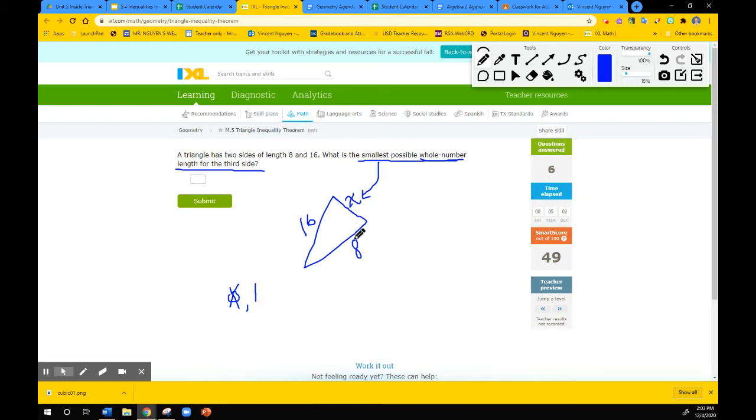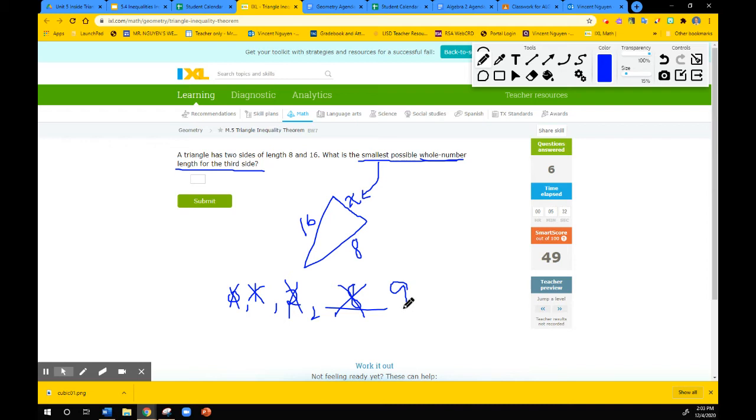Well, 1 and 8 is only 9, and 9 is not bigger than 16, so 1 would not work. 2 plus 8 is only 10, so 2 is not going to work. 3, 4, 5. What is the smallest whole number that will work? Well, let's try 8. 8 plus 8 is 16. Well, 8 is not going to work. Well, 9?